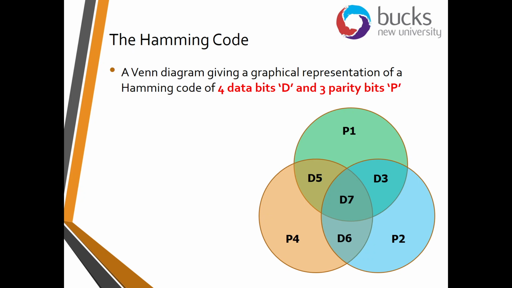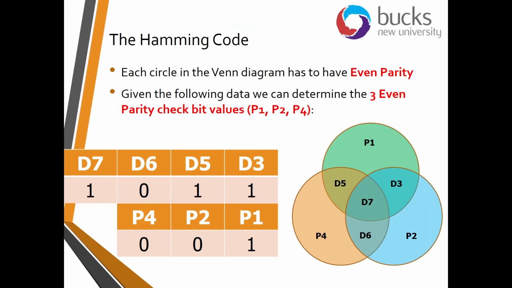Data bit 7 is checked by all 3 parities. So there's multiple parity bit checking going on for each data bit. So it's quite a robust system. And so each circle in the Venn diagram has an even parity, essentially. So the parity bits are worked out as even parity.